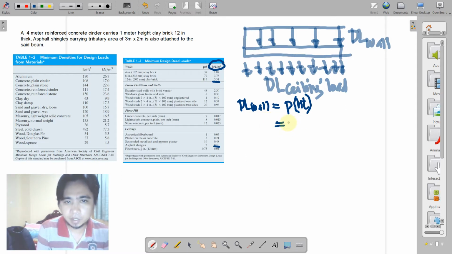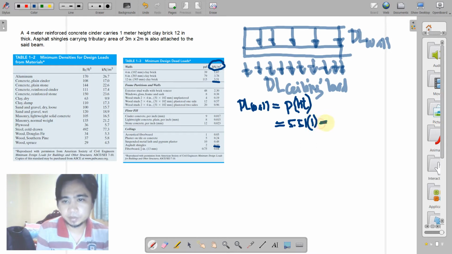So P, or the pressure, is equivalent to 5.51, and we simply multiply that by 1.